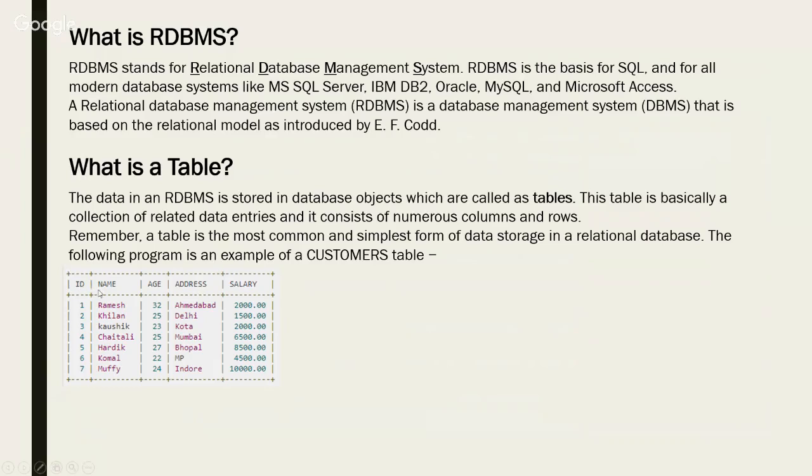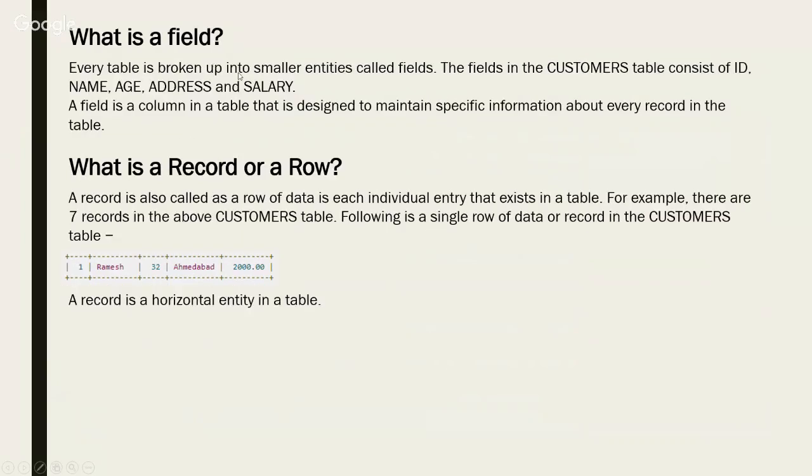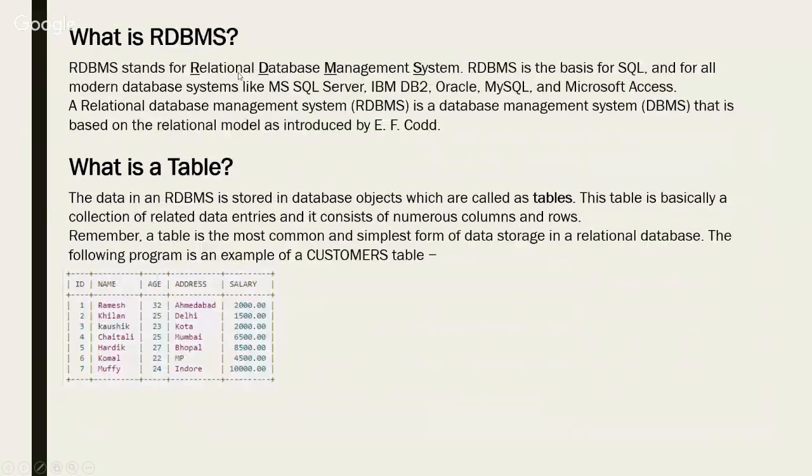Fields are basically the name of every single column. So what is a field? Fields are the names of the columns which are there in the table. If you look at this particular table, you can see that there are 5 fields in this, namely ID, name, age, address, and salary.